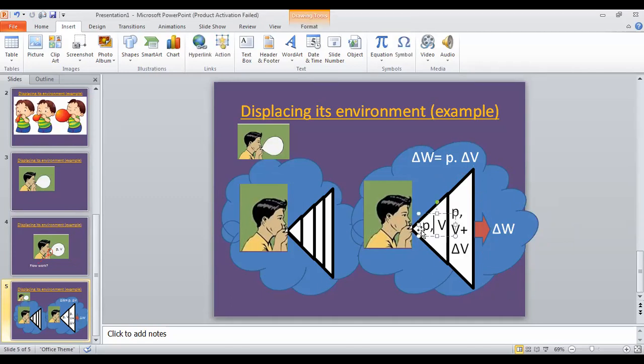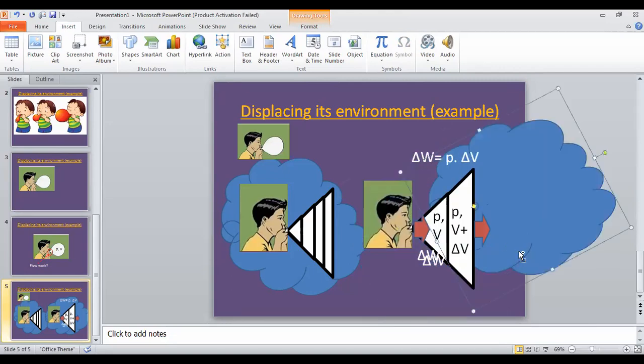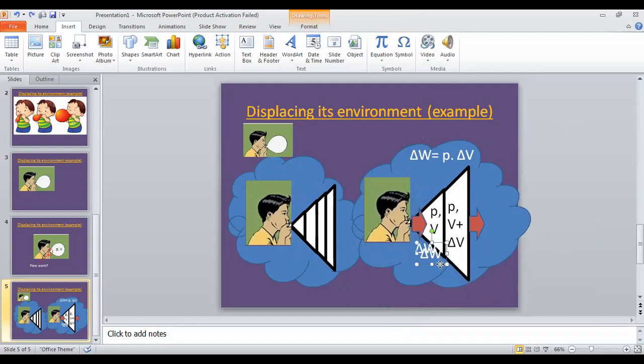If this is a very slow blowing, this delta W comes from here.